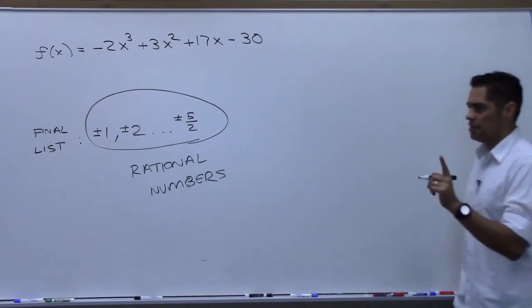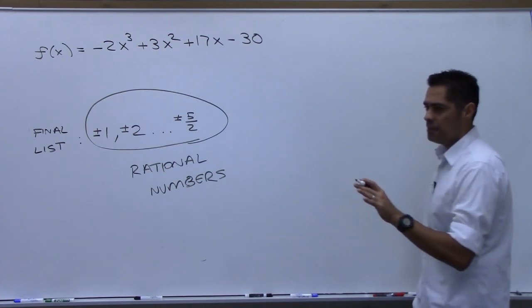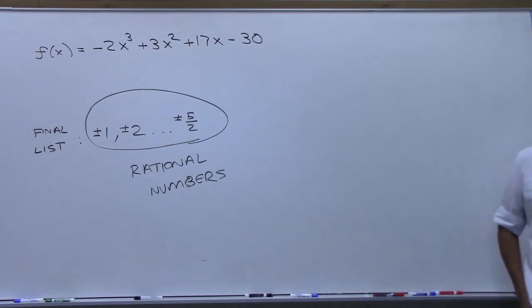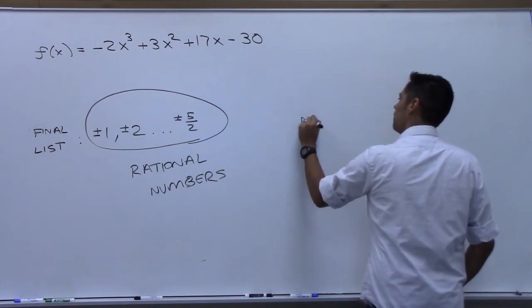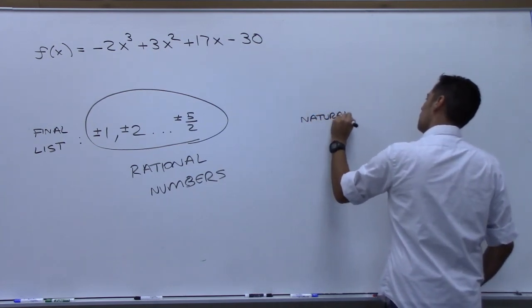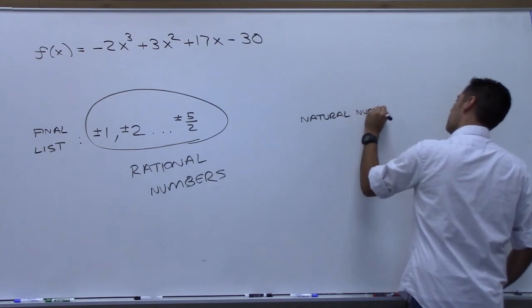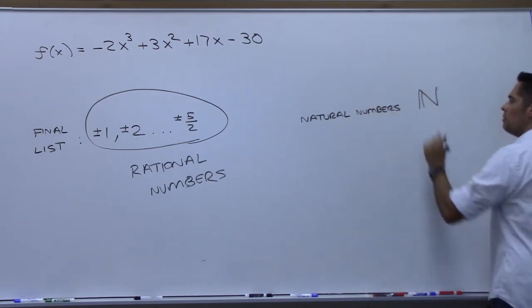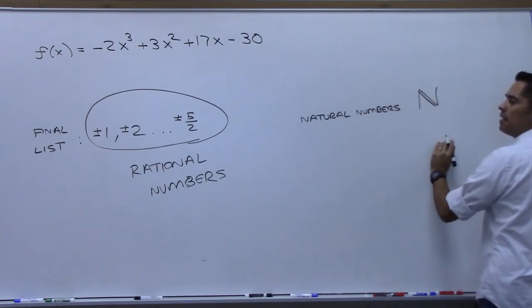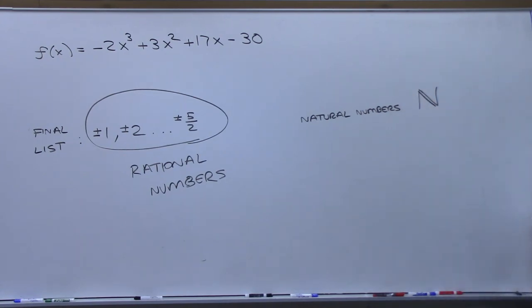Okay, so let's be clear on this. There's a couple of sets of numbers we should just make sure we're all comfortable with. We have what are called the natural numbers. And we use a double struck capital N. Sometimes they strike it across the N like this. Double struck capital N. This is all your natural numbers.